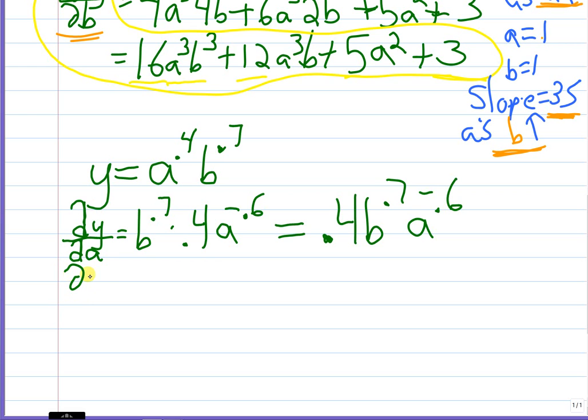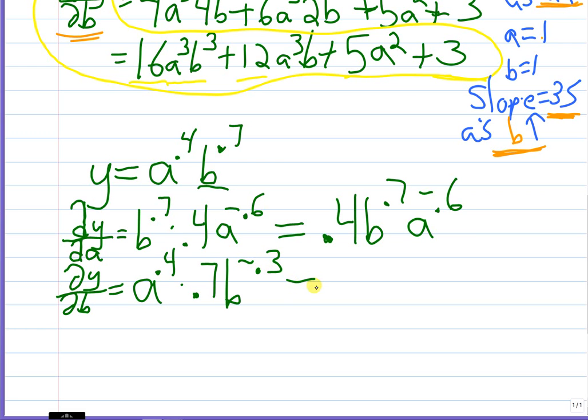So what's the partial derivative of y when we change b? Slope in the b direction. We write down the a part without changing it, and then we take the derivative of the b section. So times 0.7, multiply by the exponent, subtract 1 from the exponent. 0.7 minus 1 is negative 0.3.